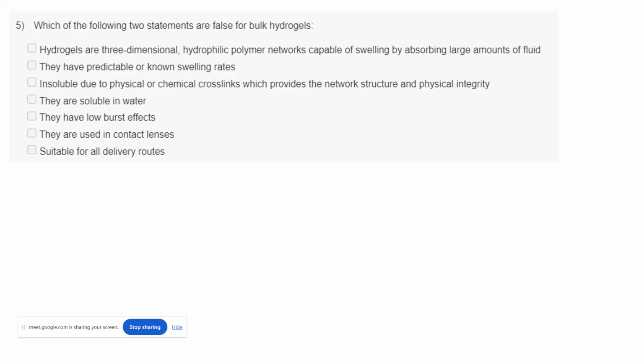Anybody else has any other answer? Option 4 and 7. Okay.